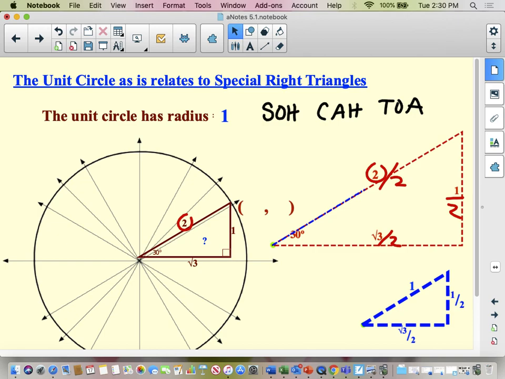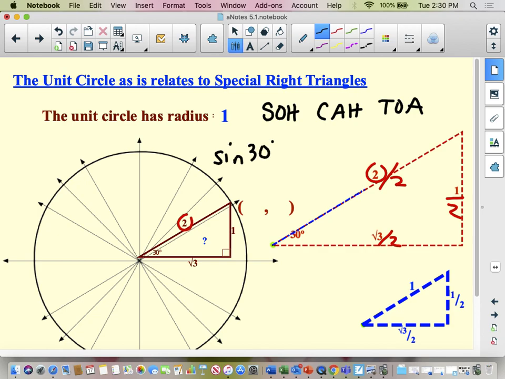So if I asked you what is the sine of 30 degrees, for example, according to my unit circle, this triangle right here now is a 30-degree angle, and I know that sine ratio is opposite over hypotenuse, so opposite is 1/2 and hypotenuse is 1, and 1/2 over 1 is clearly 1/2.